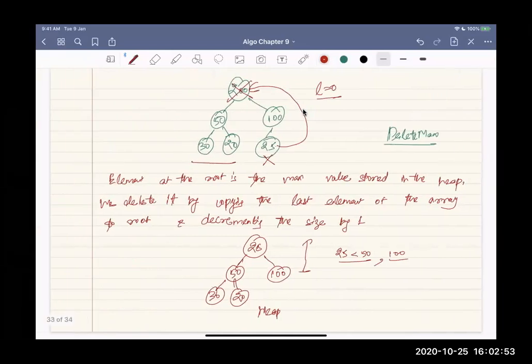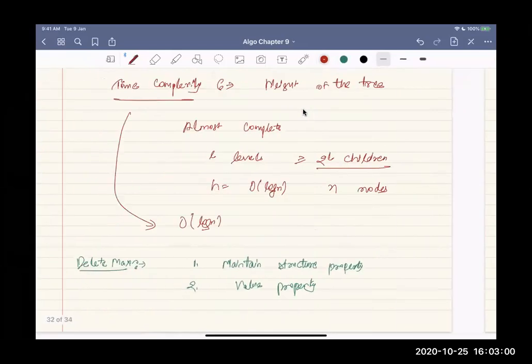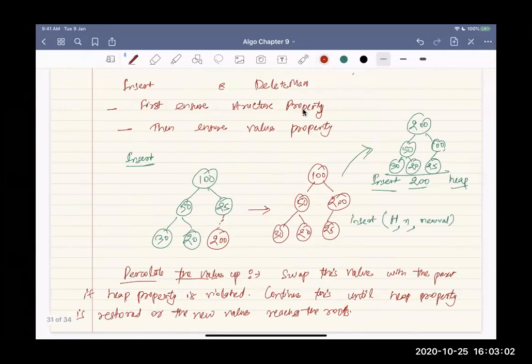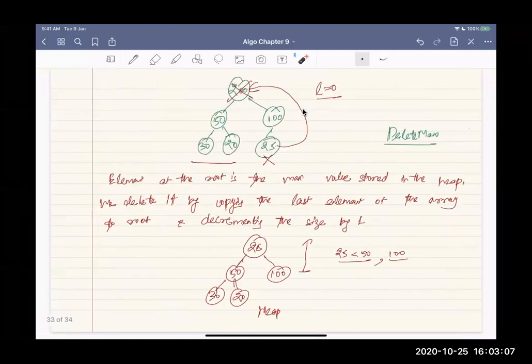How can you restore your heap property? In the case of insertion, I started from putting it at the end and went up. In the case of delete max, I have now put the element at the root, and now I have to go down. So I have to compare it with the children, and with whom should I swap? Can I swap with 50? That will be fine for 50 and 25, but 100 will not be fine again.